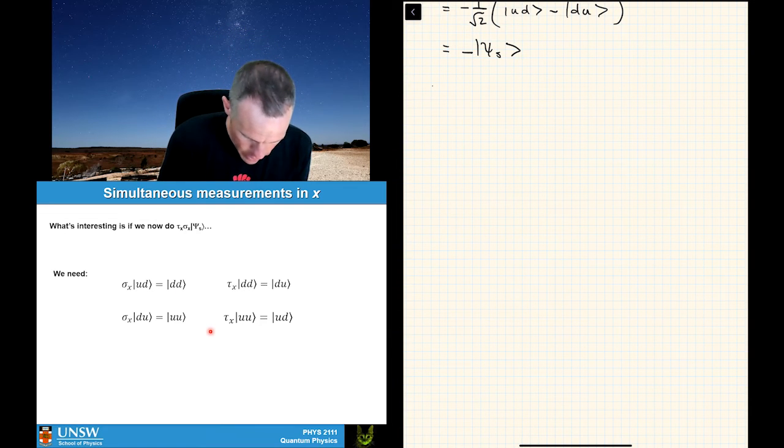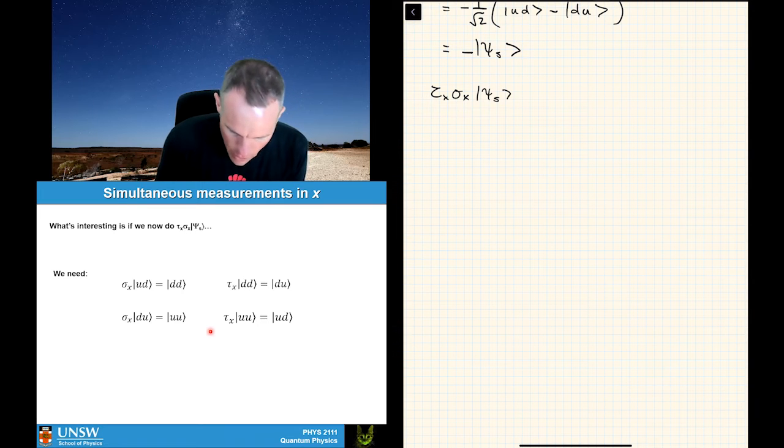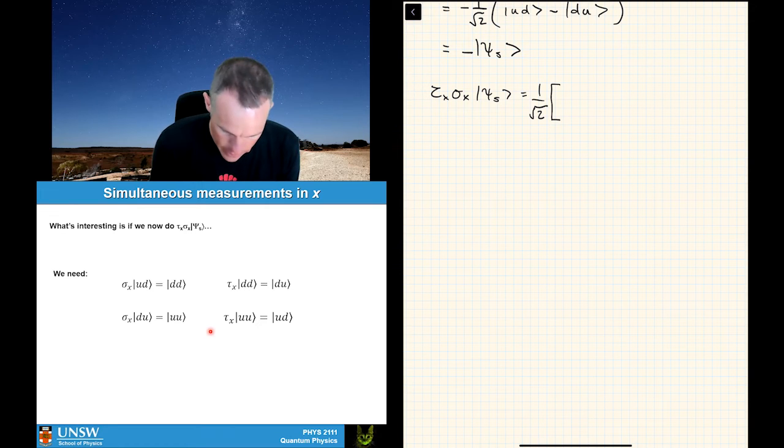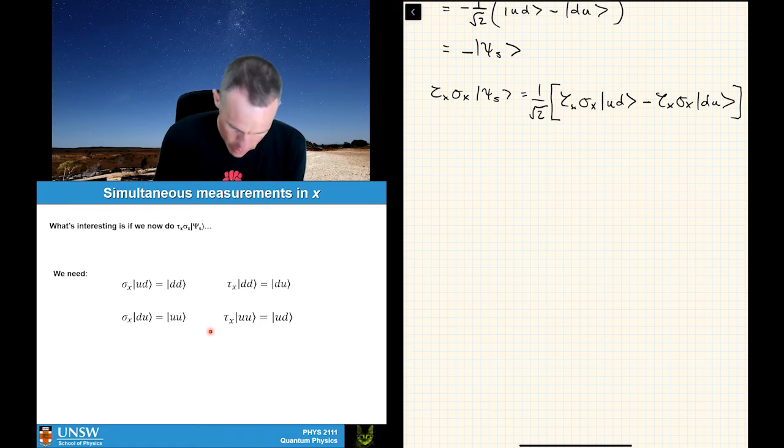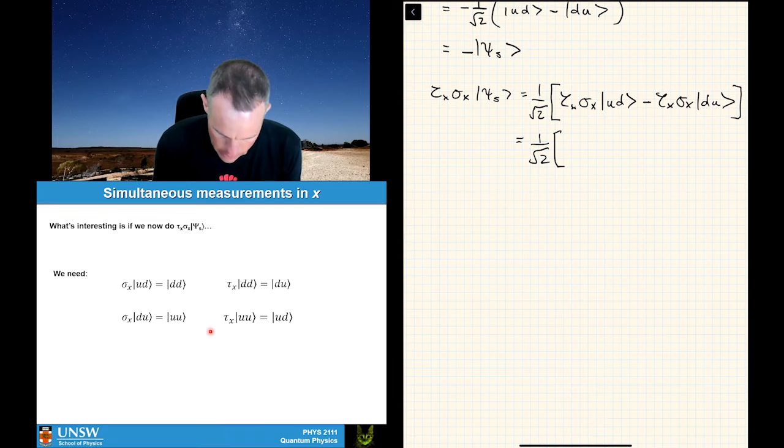I've put the corresponding relations we're going to need up here. So what we would have is tau x, sigma x on the singlet state, which is going to look like 1 over root 2. I'll cut to the chase and put the operators directly inside. So this will be tau x sigma x up, down, minus tau x sigma x down, up. I can go through and work this out. So we've got 1 over root 2 tau x.